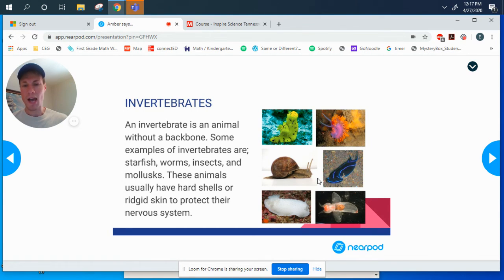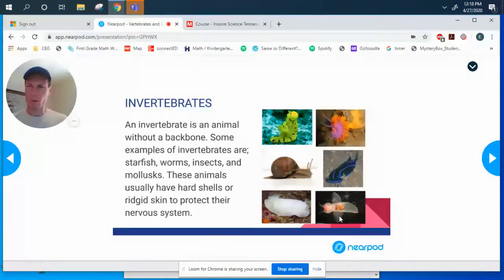These are animals that don't have any skeletal system and instead are just covered by kind of mushy skin and fat. Many of these animals have hard shells or rigid skin to protect their nervous system. So the snail has adapted to not having a backbone by using shells to protect its body.